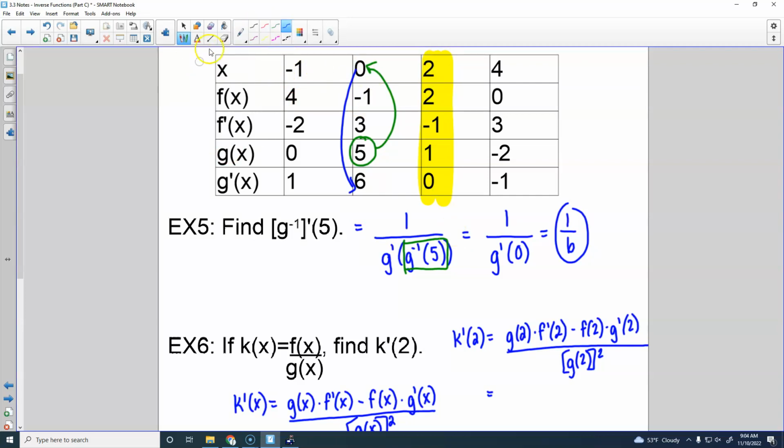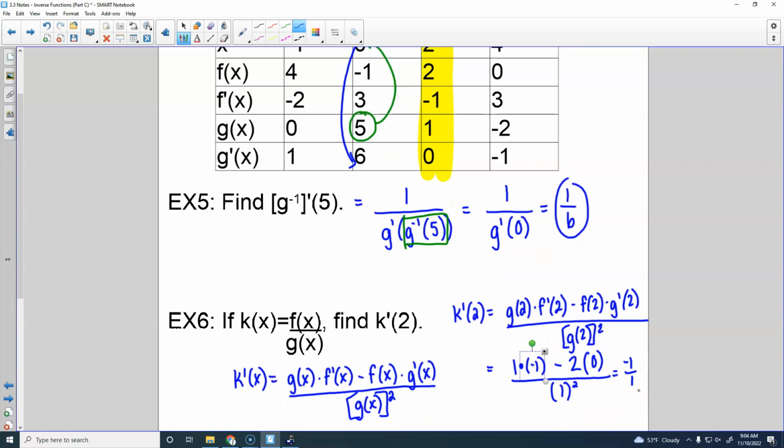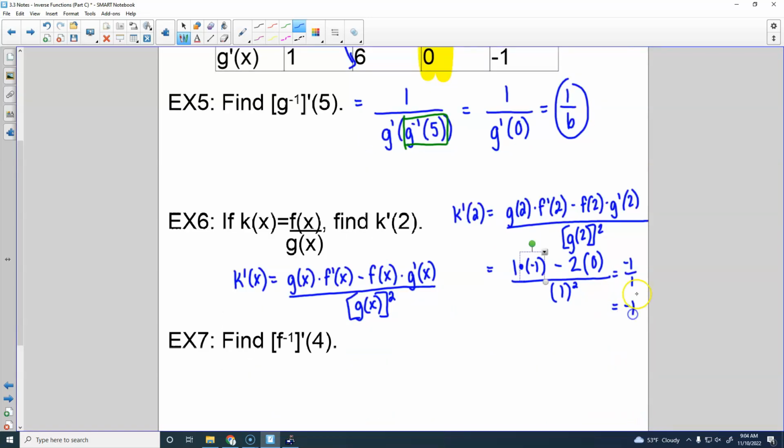So I would have G of 2 would be 1, and then F prime of 2 is -1, and then F of 2 is 2, and G prime of 2 is 0, all over G of 2, which is 1 squared. So that is going to give me negative 1 over 1, and I will get negative 1 as my answer.